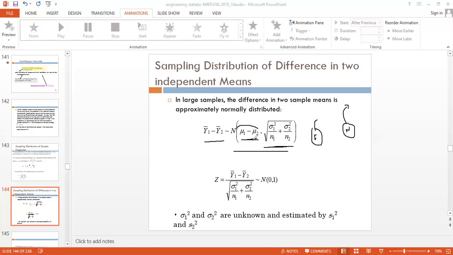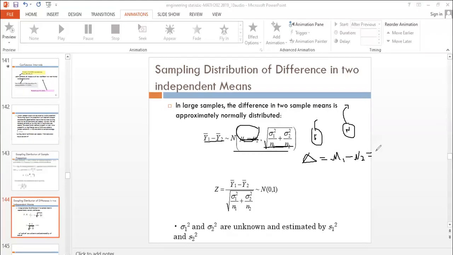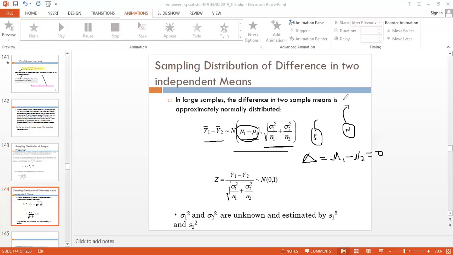So this difference, which some refer to as d and some use delta, which is mu1 minus mu2, is usually equal to 0 unless clearly specified in the example that there is some difference which you have to test for.